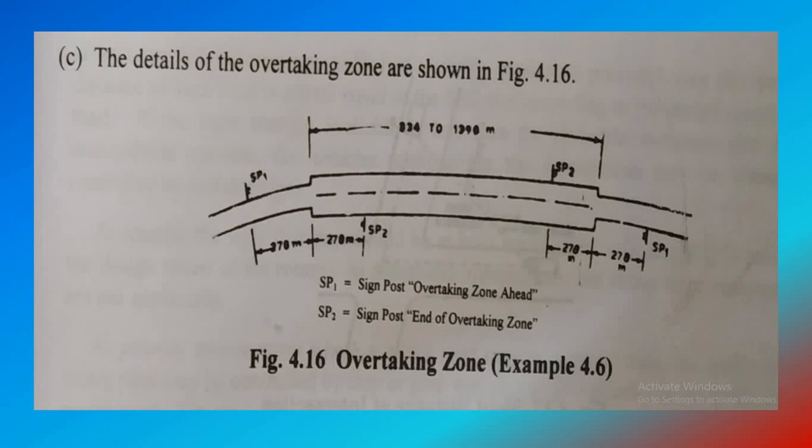So here SP1 is the signpost, overtaking zone ahead, and the signpost, end of overtaking zone. So S1 is the ahead and S2 is the overtaking zone according to the design pattern. So between entering and exiting, the width of the road is maximum compared to the original road. Why? Because it is a particular zone, known as the overtaking zone.